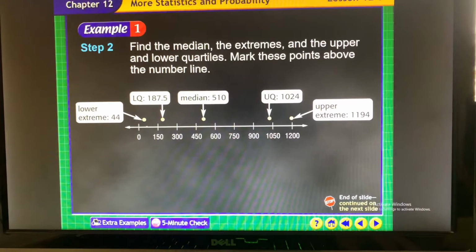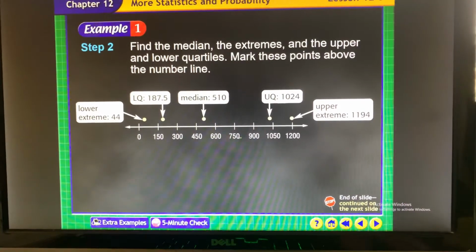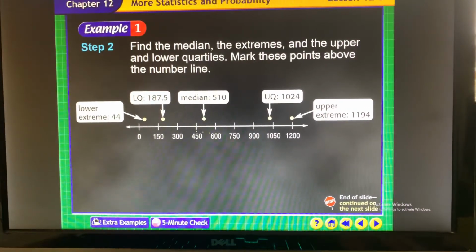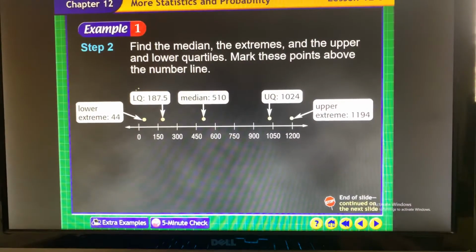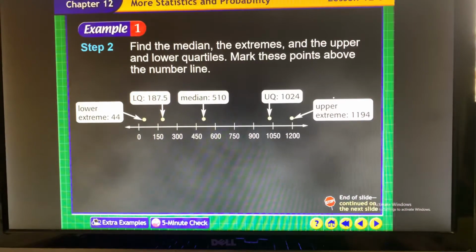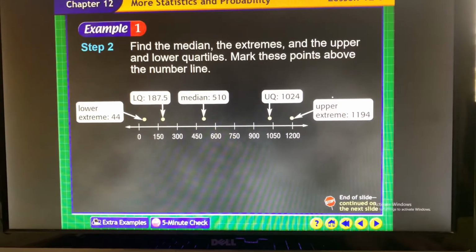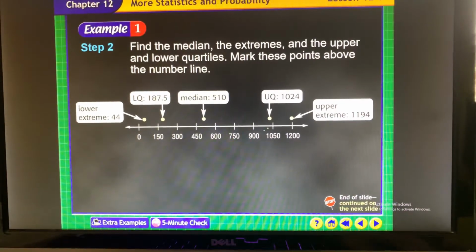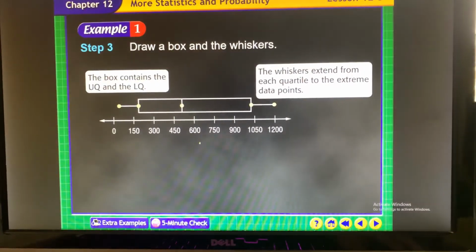Now, here's the problem. When you make it on a number line, you don't exactly know where those numbers are falling, because you don't normally put these numbers on your box and whisker plot. So this is just a way for us to organize our data and interpret it, not necessarily use it for exact points. Once you do this, you're going to draw it.